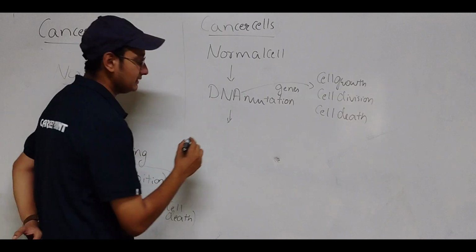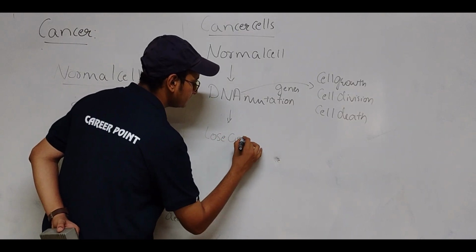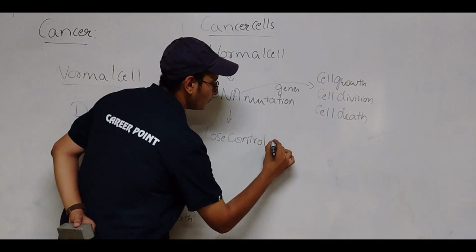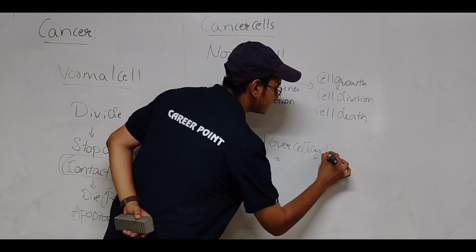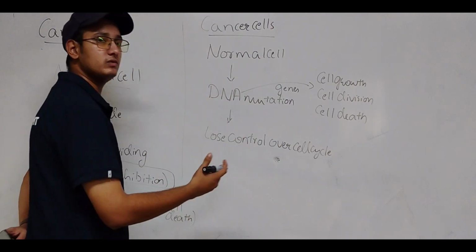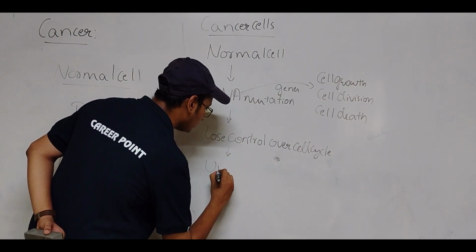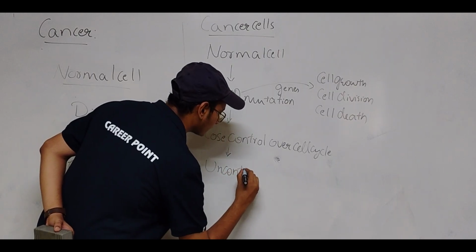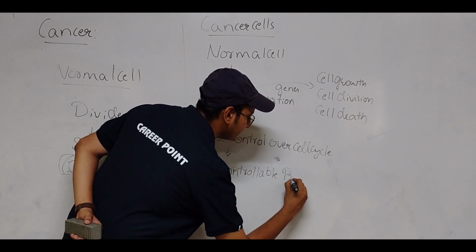Because of this mutation, they lose control over the cell cycle. Now they cannot control the cell cycle, and this leads to uncontrollable proliferation.